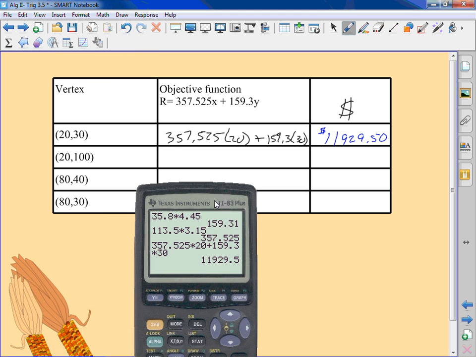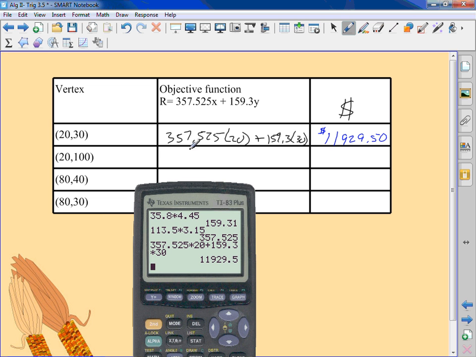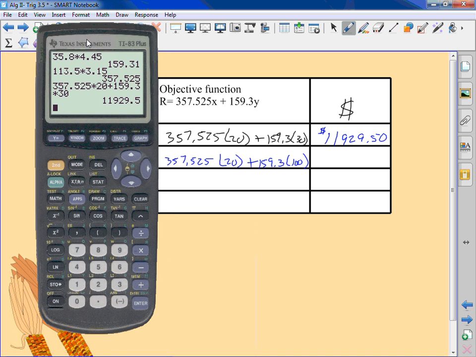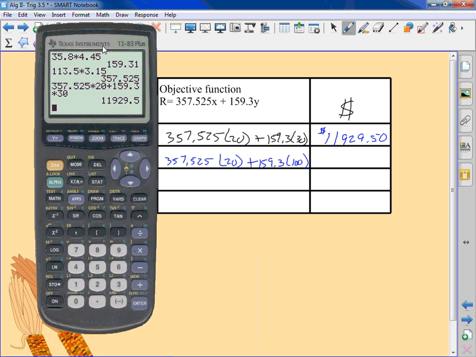Now we're going to do the same thing for the second one. 357.525 times 20 plus 159.3 times 100. Do I have to go through and retype everything again? No. How can I go right to the calculator and start back over, so I don't have to retype everything?